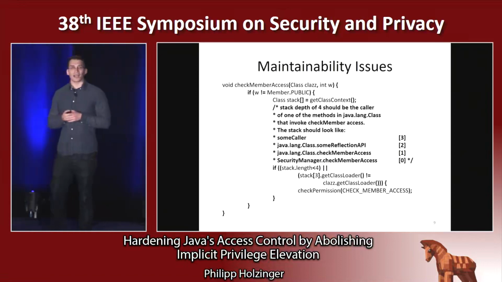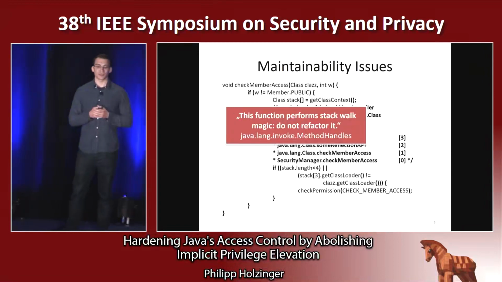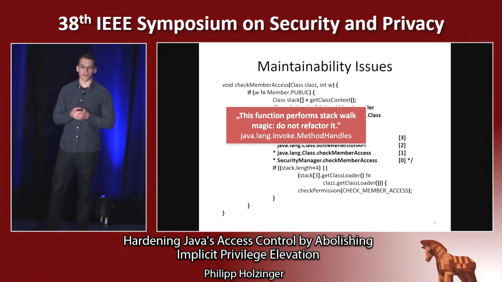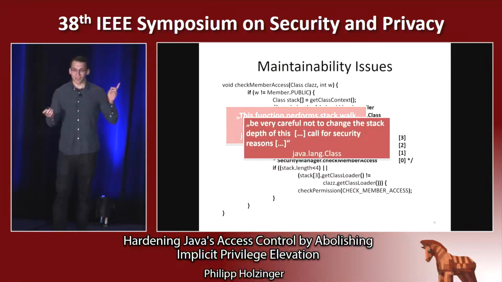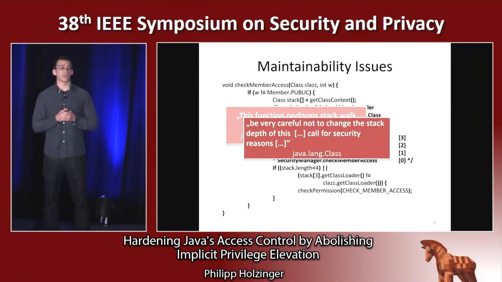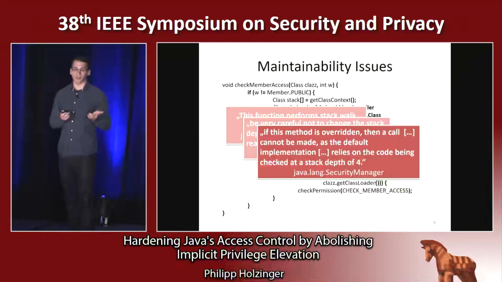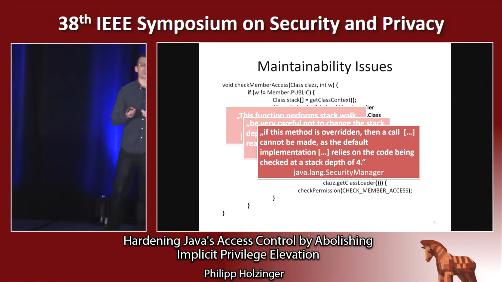And we can find this actually documented in classes that make use of this method. So what we find in source code comments is, for instance, in method handles, "this function performs stack walk magic, do not refactor it." Or "be very careful not to change the stack depth of this call for security reasons" is a source code comment in class. Or in the security manager, "if this method is overridden, then a call cannot be made as the default implementation relies on the code being checked at stack depth of 4."